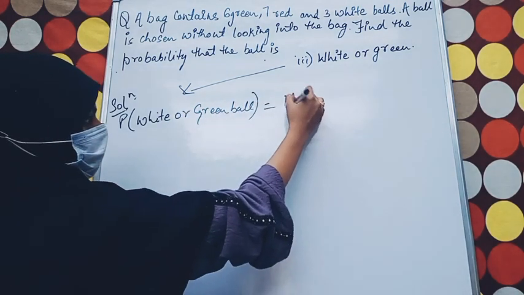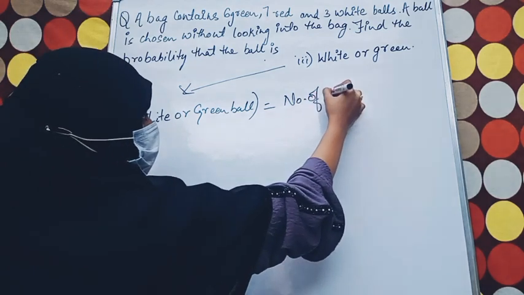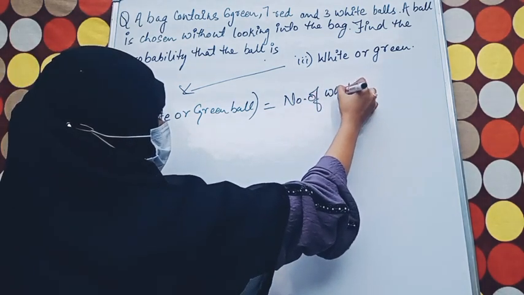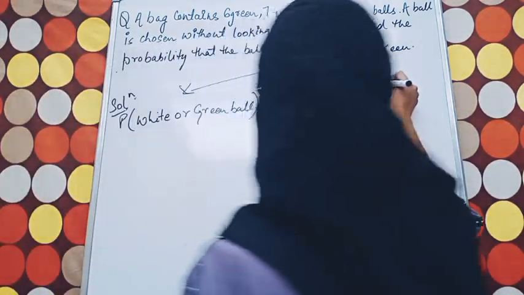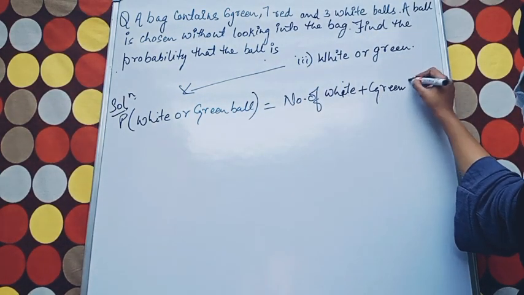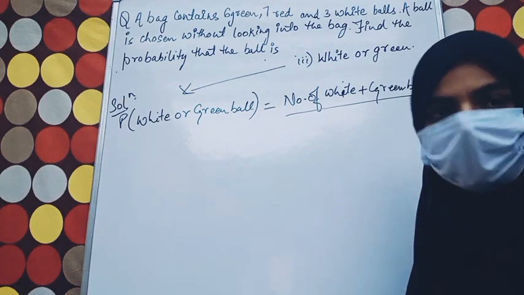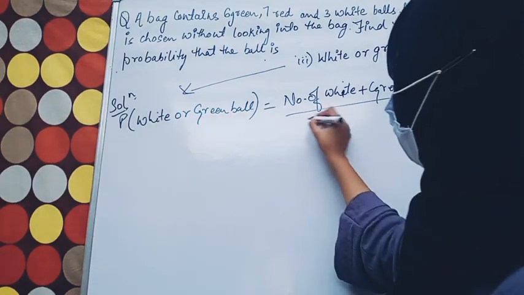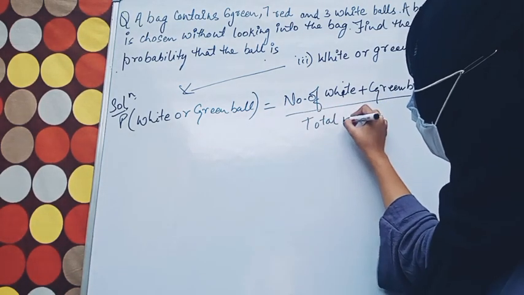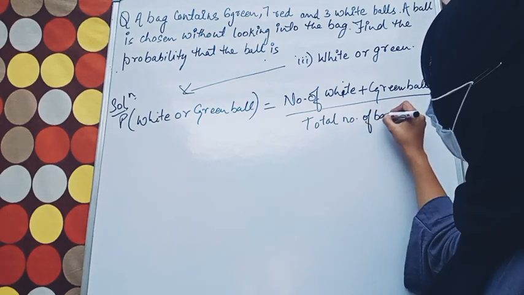So we can write the number of white plus green balls, or the number of favorable outcomes, upon the total number of outcomes, the total number of balls.